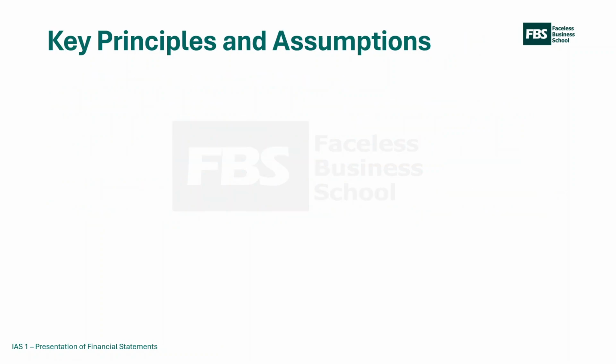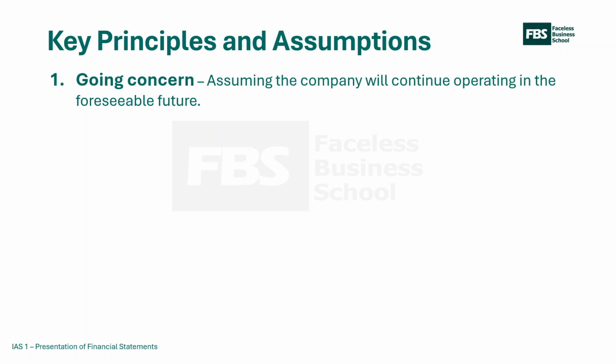Key principles and assumptions. We will discuss a number of key principles and assumptions that are used in the preparation of financial statements. We begin with the going concern assumption. The conceptual framework notes that financial statements are normally prepared assuming the entity is a going concern and will continue in operation for the foreseeable future. IAS 1 requires management to assess an entity's ability to continue as a going concern.